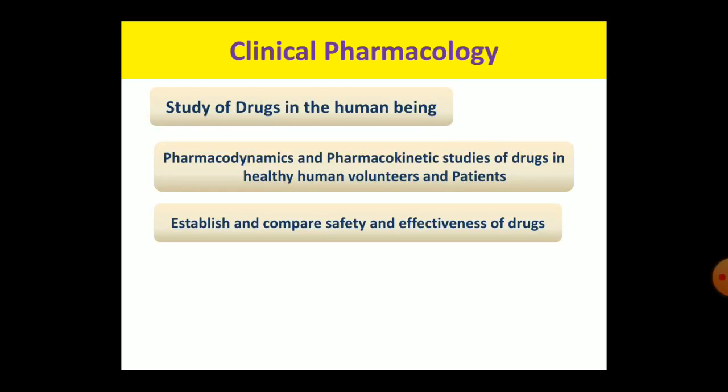These are the establishment, as I told you, of the safety and the effectiveness of the drug through the clinical trial, and then the ultimate aim of clinical pharmacology, which is to maximize the usefulness of the drug and minimize the adverse drug reaction through the knowledge of pharmacology.